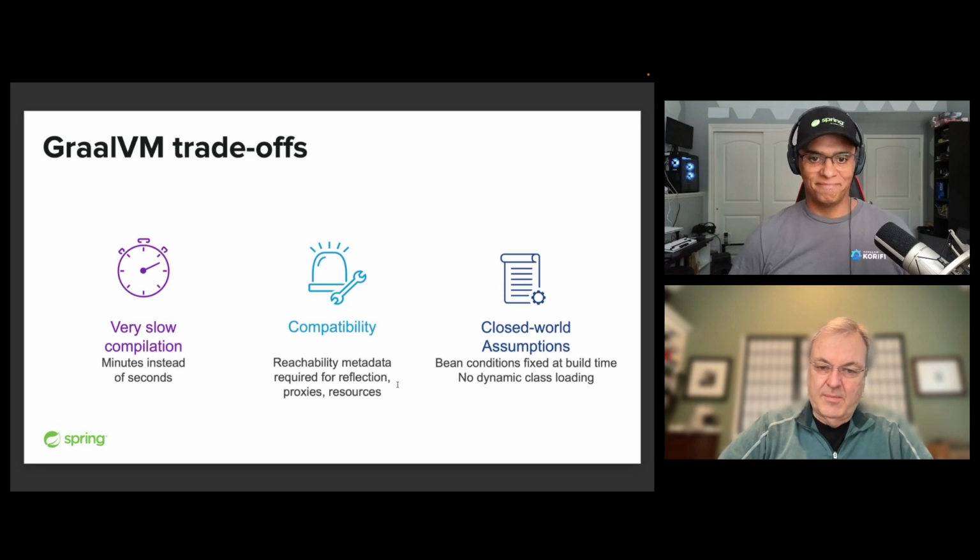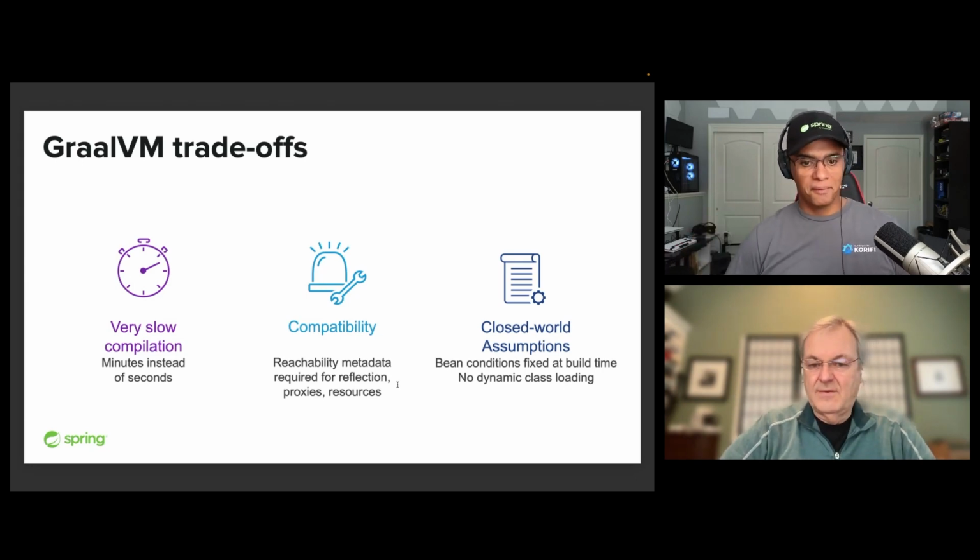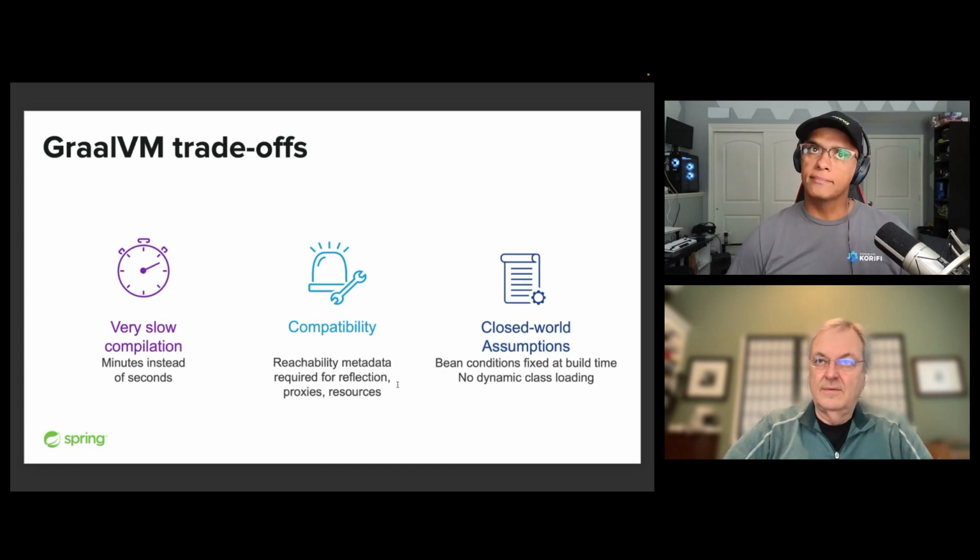And since everything happens at build time, whatever libraries and things you use have to be able to participate in the native build process, to get every class that you're going to need loaded in at build time rather than runtime. It's a trade-off, and sometimes you have to provide extra settings for the build to actually realize where your config file might be located, because otherwise it doesn't get loaded automatically at runtime.